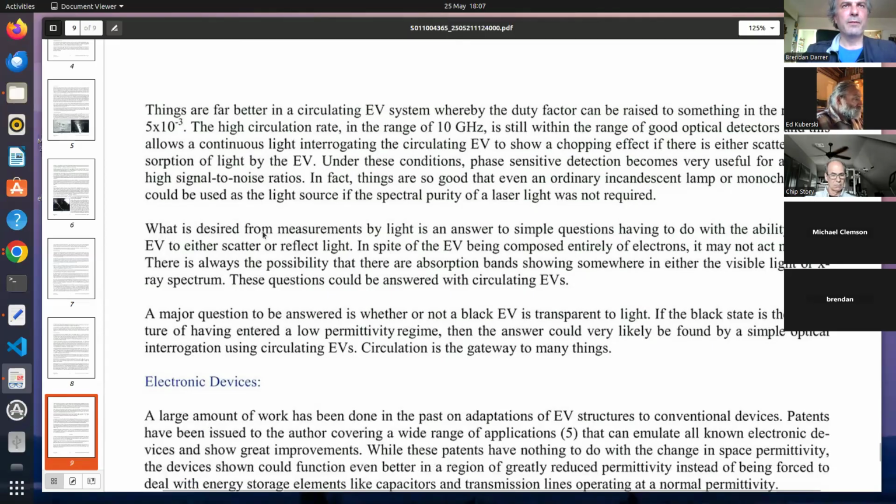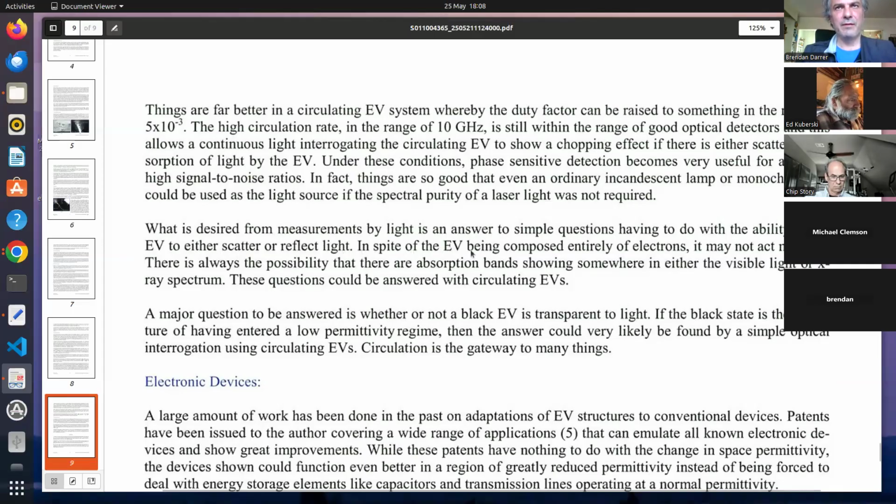What is desired from measurements by light is an answer to simple questions having to do with the ability of the EV to either scatter or reflect light.